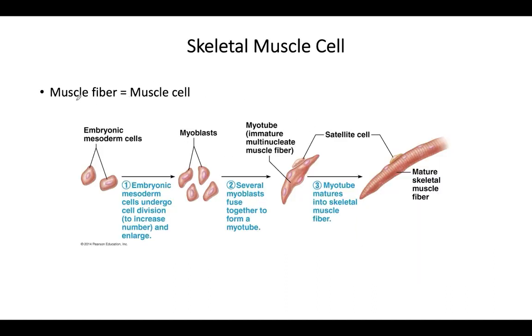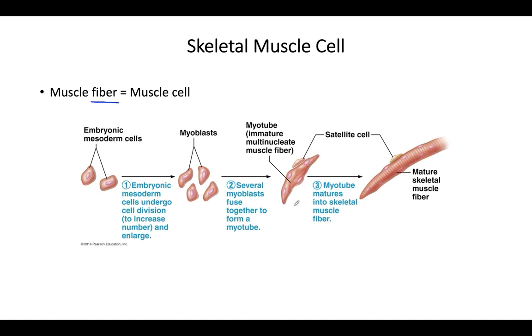A muscle cell is called a muscle fiber. Why do we call it a fiber? Because in the embryonic stage, embryonic mesoderm cells undergo cell division, become large, and form a myoblast. Several myoblasts fuse together to form a myotube.